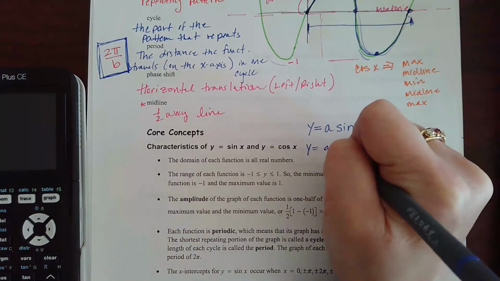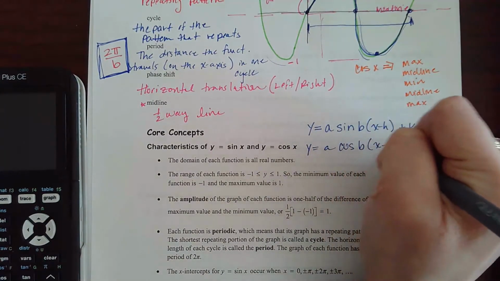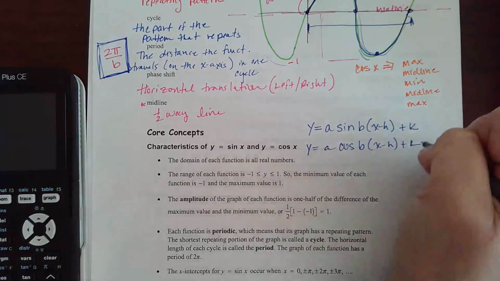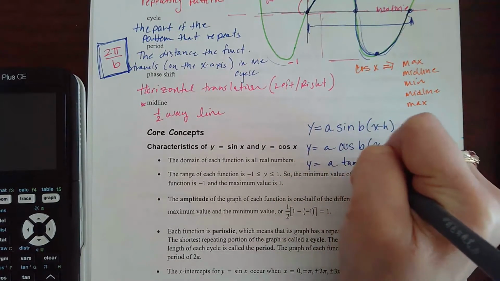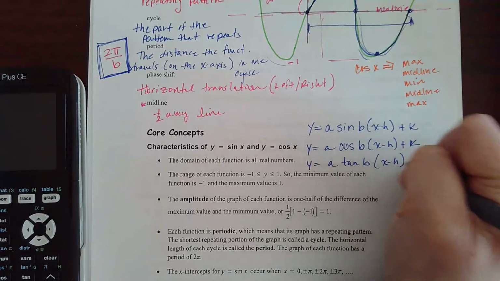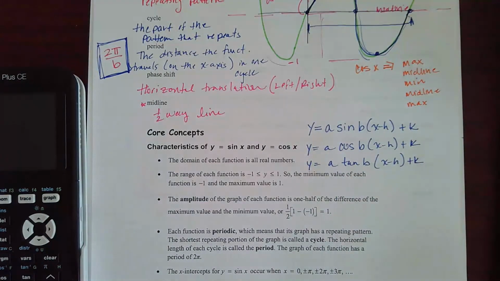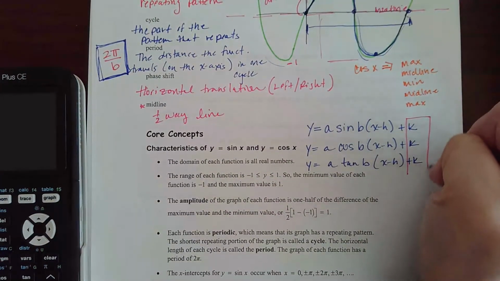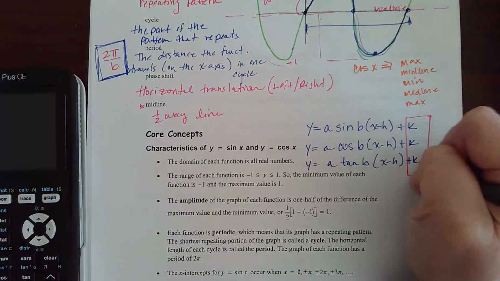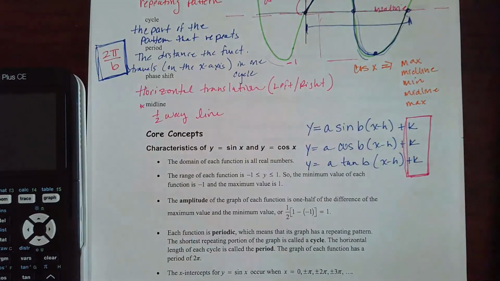You can have a sine function, you can have a cosine function that does the same, and you can even have a tangent function that we haven't really talked about yet, but we will get to. They all have this same generic equation. What I also want you to know, like when we did log functions or exponentials, you might have noticed that the h value in a log function was your asymptote, and the k value in an exponential function was your asymptote.